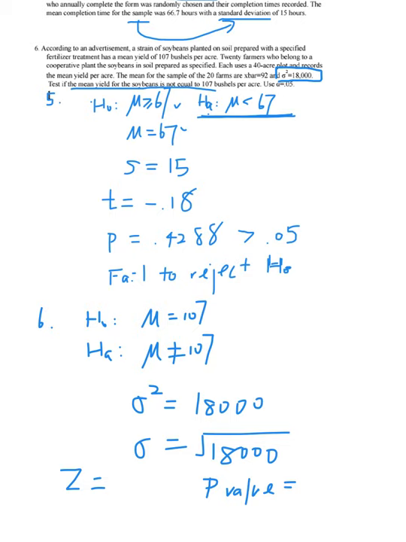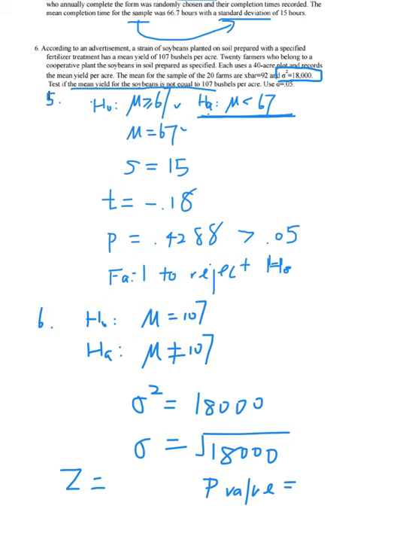And the sample mean is equal 92. And for the sample size, we have 20 farms, so it's 20. And for the population mean is not equal, so this is a two-tailed test, not equal 107, and then calculate.